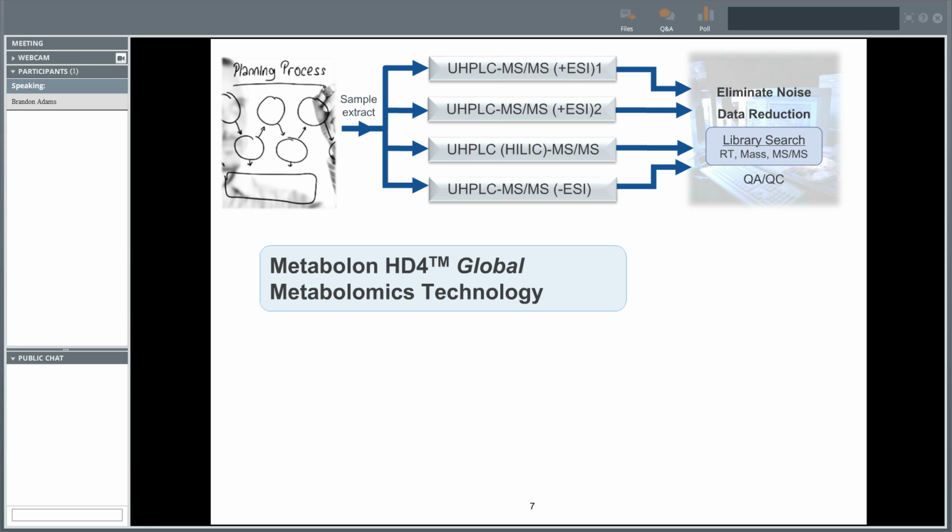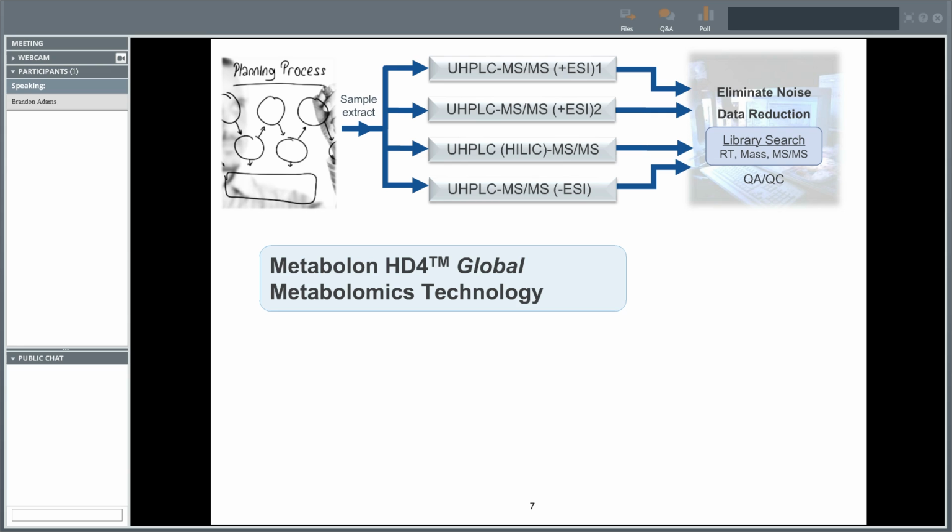In our library, we have about 4,000 named biochemicals, and when those were added into the library, they were run with purified standards, and each biochemical has very unique signals, including retention time, exact mass, and fragmentation pattern. So by querying those specific parameters coming from the client samples against those in our library, we can get really accurate determination of each metabolite.